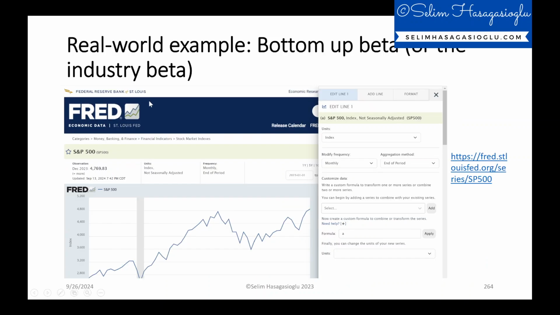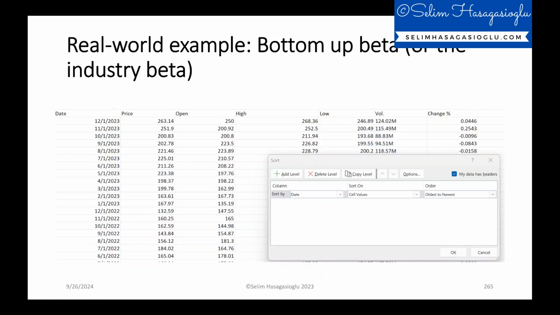And of course, you also need the returns on the market portfolio, so you can rely on the FRED database. I put the link in here. You are already familiar with this data set. Just do the necessary modifications: modify frequency to monthly, and the aggregation method will be end of period. So you will start from 2019 and end at the end of 2023.